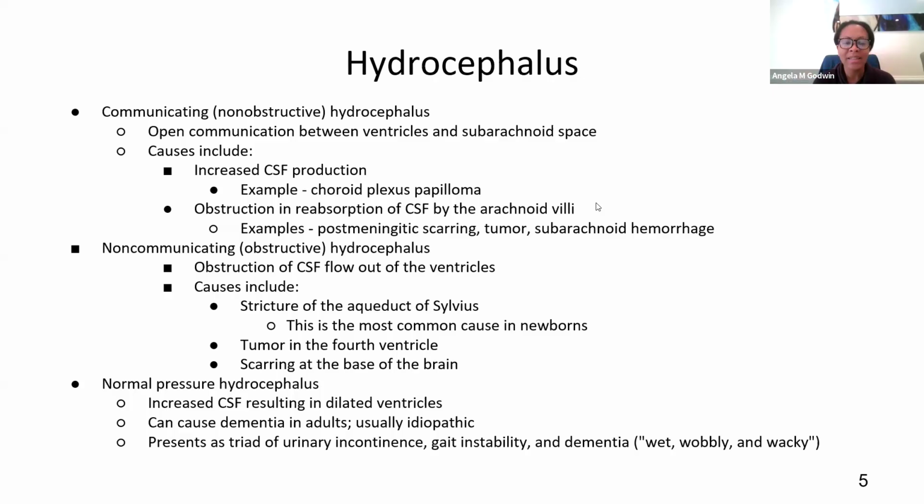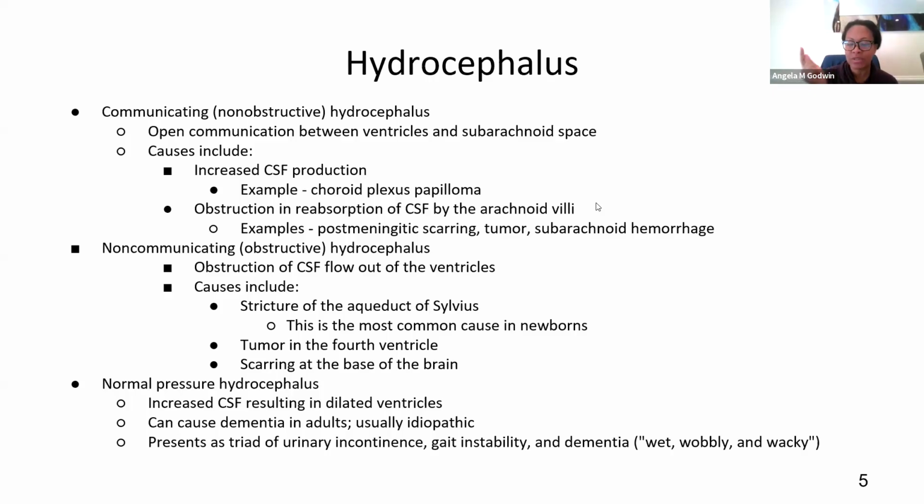Or, and I think this is where it gets confusing because we use the word obstruction in a non-obstructive space, all this means is that there's still movement of the fluid. There's still fluid communicating between the ventricles. Another way this could happen is an obstruction in the reabsorption.